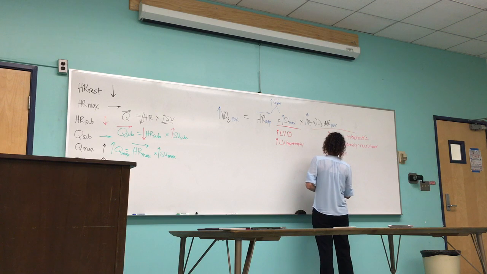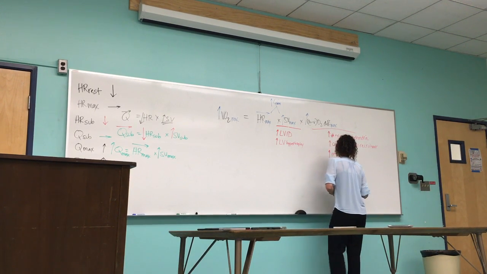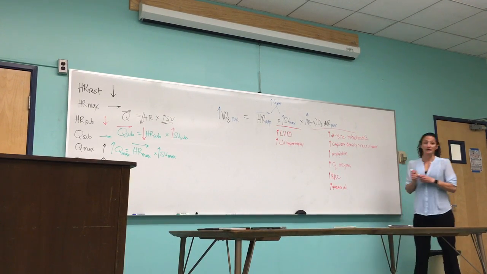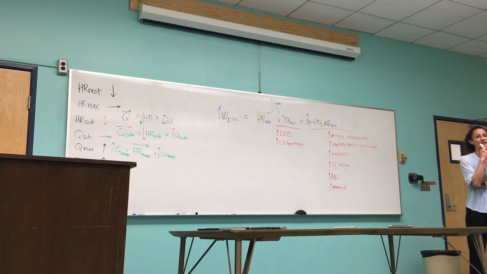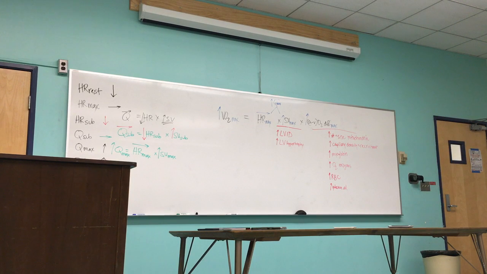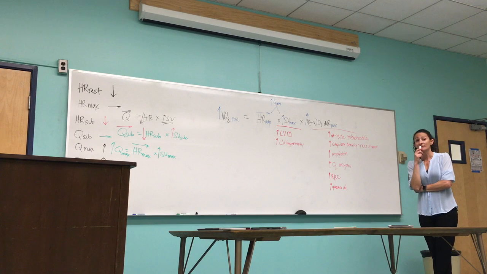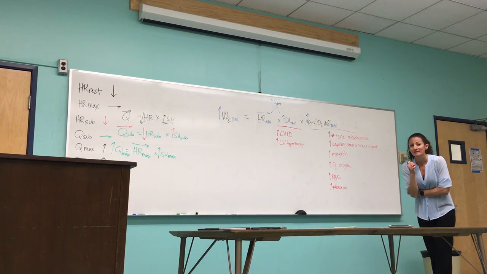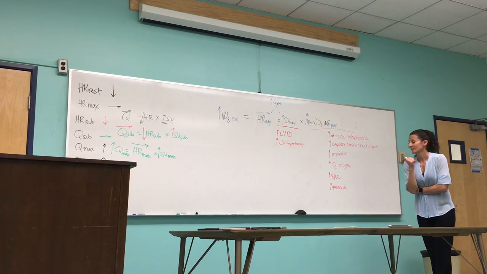I'm going to say that an increased plasma volume will also help increase your AVO2 difference. How do you think that works? How can an increased plasma volume cause an increase in your AVO2 difference? The hormone ADH.